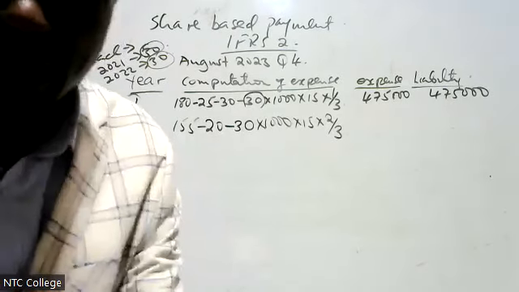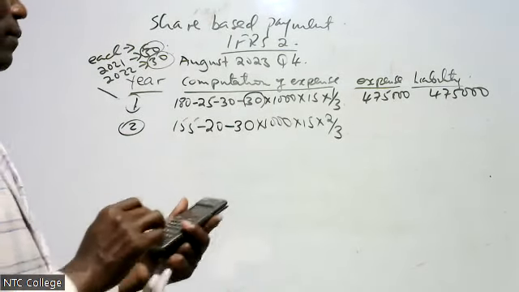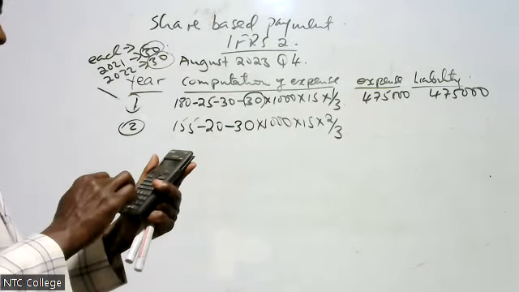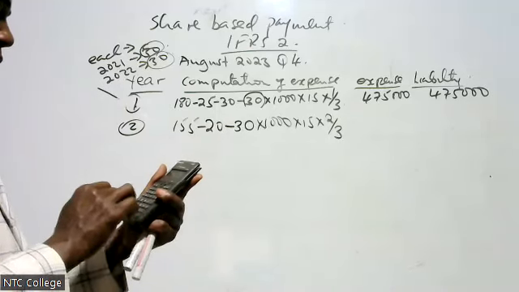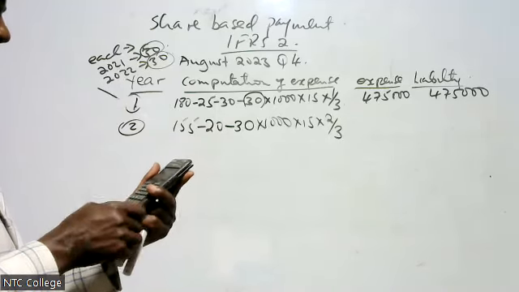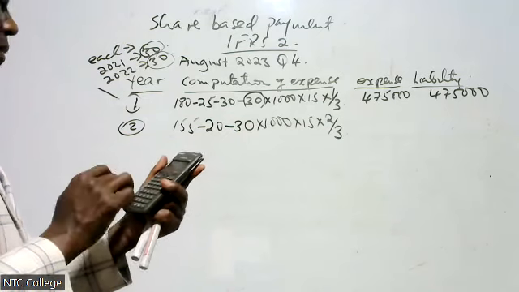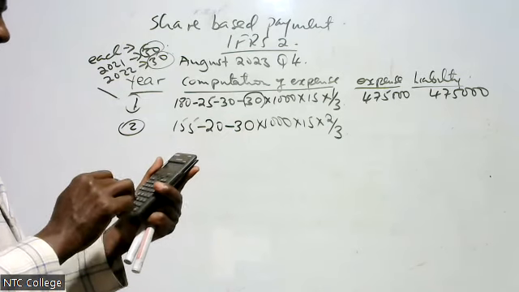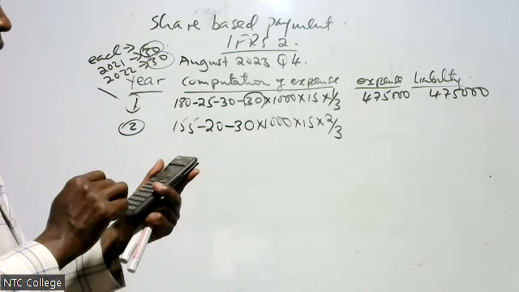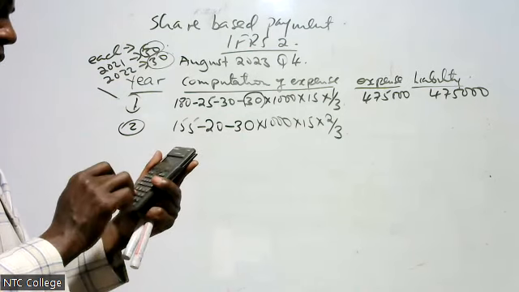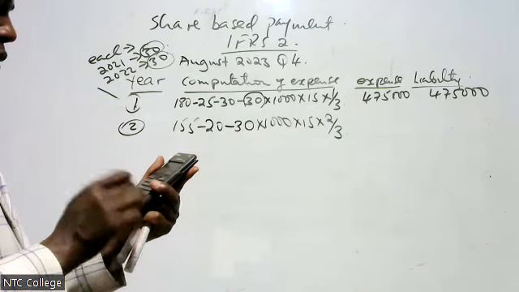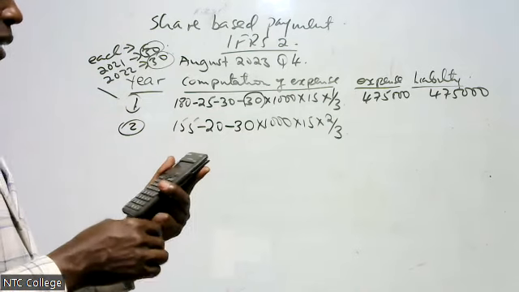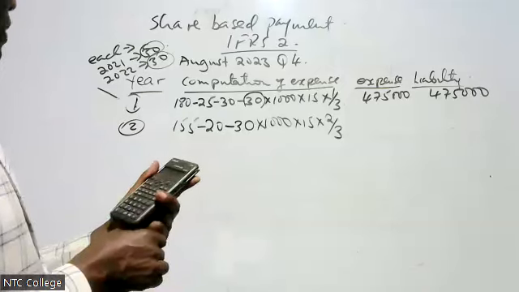Therefore, quickly give me that: 155 minus 25 minus 30. I'm getting 100 times 1,000 times 15 times 2 divided by 3. I'm getting, is it 1 million?